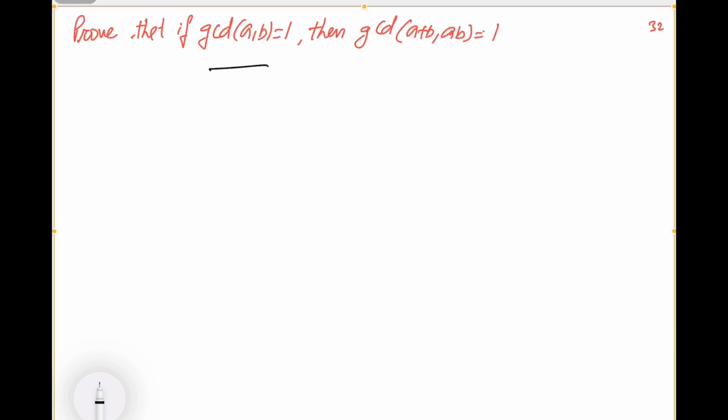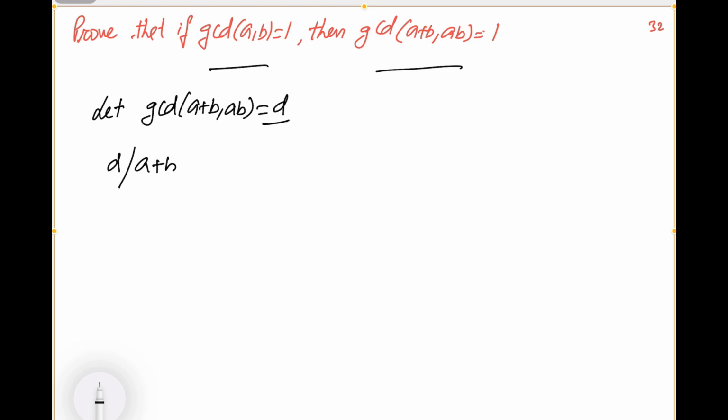If GCD of a and b is 1, prove that GCD of a plus b and ab is 1. To prove this, we again start with, let this GCD is not 1, it is d. So by definition, d divides a plus b, d divides ab, and d divides their linear combination, (a plus b) times x plus ab times y.